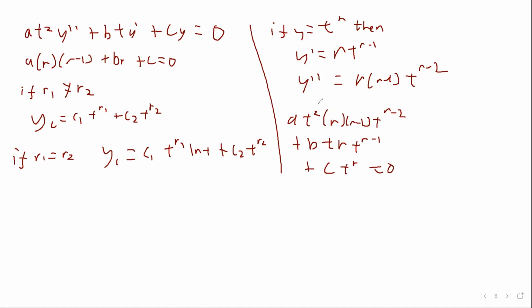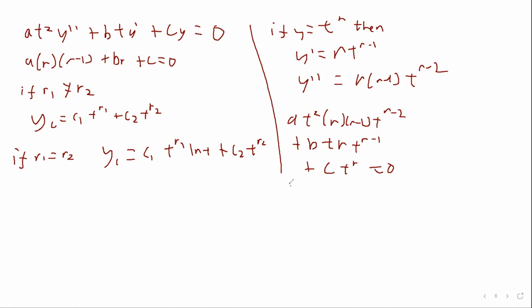Now note that t squared times t to the r minus 2. What is that? Does anyone know? T to the r. Yes, agree? Because you add the exponents together. r minus 2 plus 2 is t to the r. And t times t to the r minus 1 is what? T to the r.